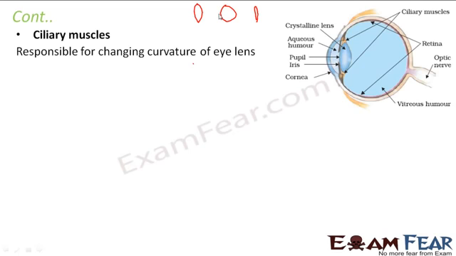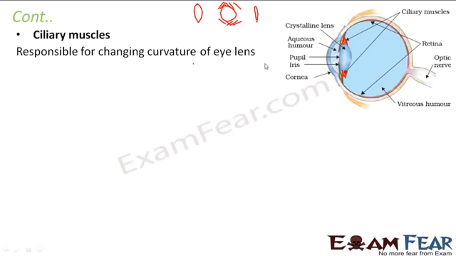As the curvature of the lens changes, the value of the radius of curvature also changes. If the radius of curvature changes, the focal length also changes, right? So where are the ciliary muscles present? They are present here, on either side of the lens. When the ciliary muscles expand, the lens becomes thicker.